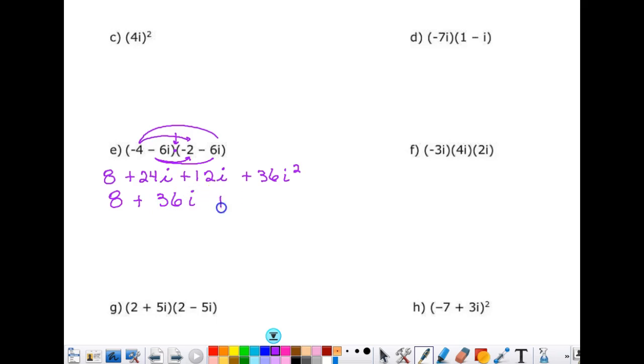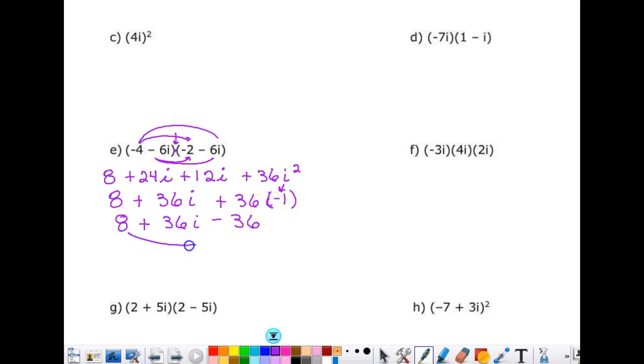And then I have a 36i squared but i squared becomes a -1. Right here, like that. So then that makes it 8 plus 36i minus 36. A 36 times a -1 is a -36.